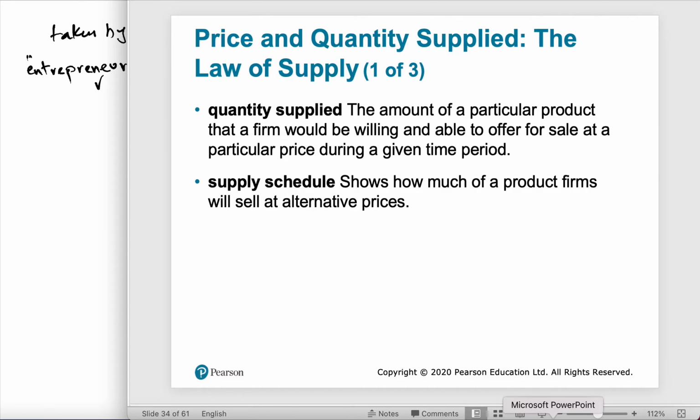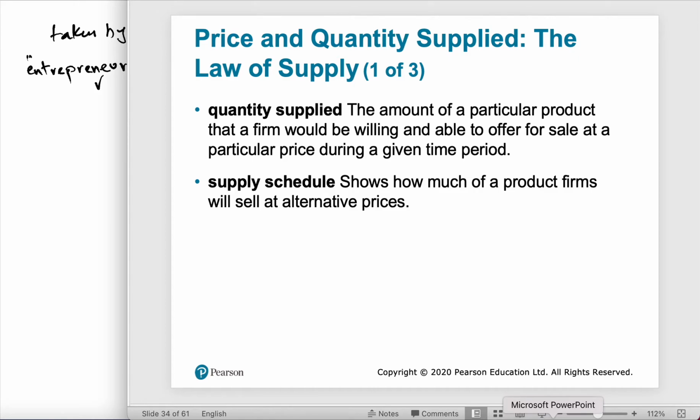So this is about a willingness to sell, or a willingness to receive money. That's the opposite of willingness to pay on the demand side. Here it is the willingness to receive the money, because it's about the income for the firms.